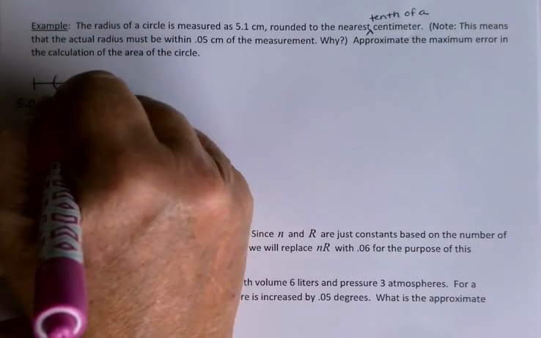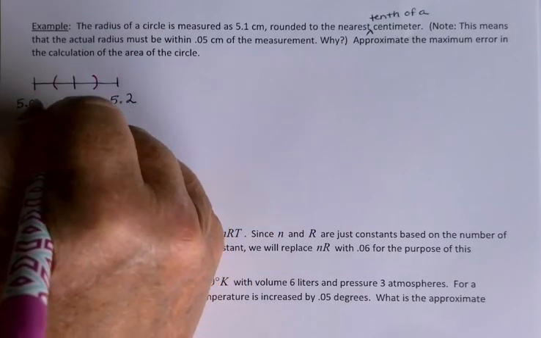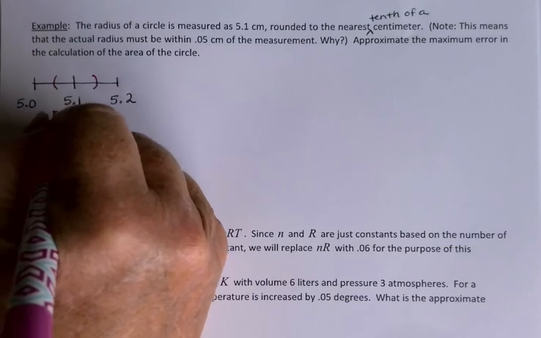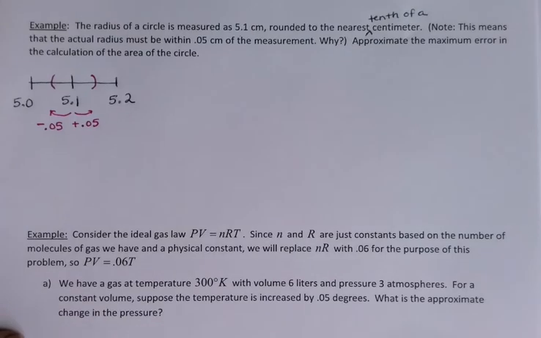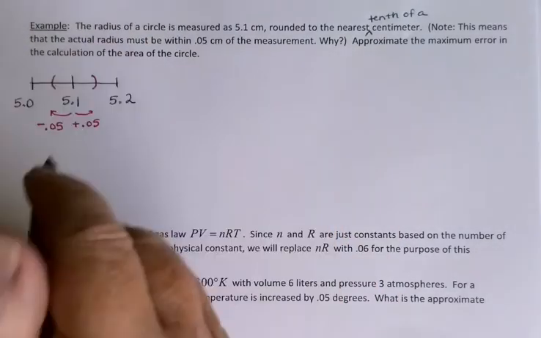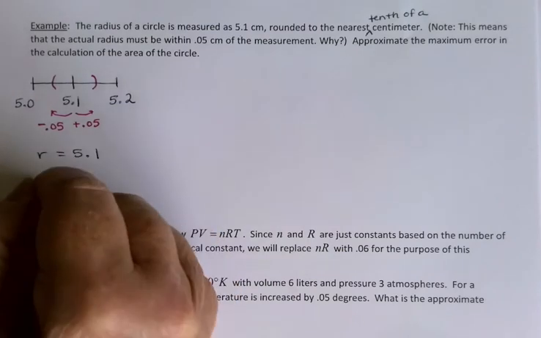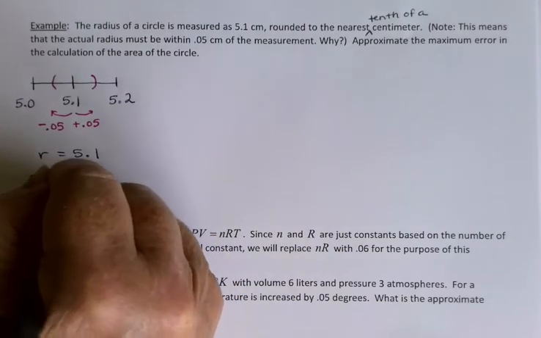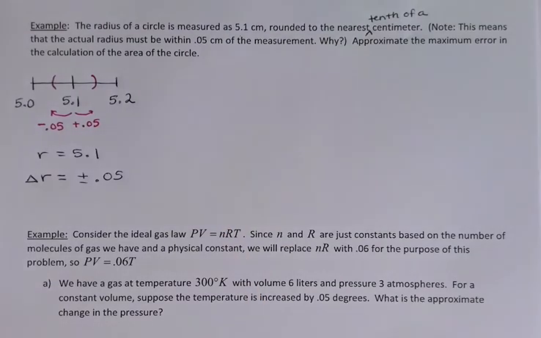So I could be off by as much as positive 0.05 this way, or as much as negative 0.05 that way. So that's really what rounding to the nearest tenth means. All right, so this tells me right away that my radius is measured at 5.1, but the possible error, the delta r, is plus or minus 0.05. So I get those values right out of the problem.